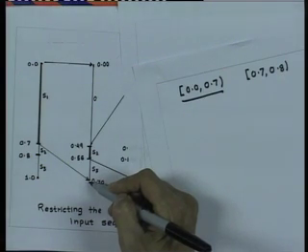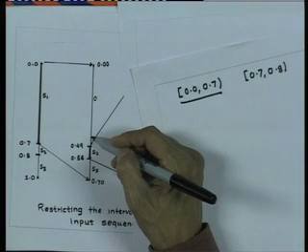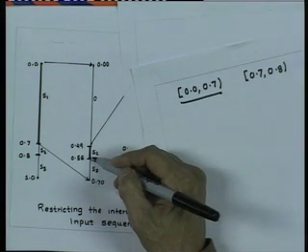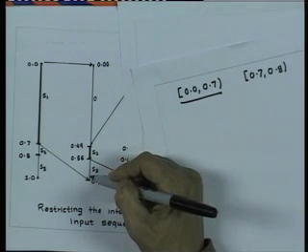So, the first partition as before corresponds to the symbol S1, the second partition corresponds to symbol S2, and the third partition corresponds to symbol S3.